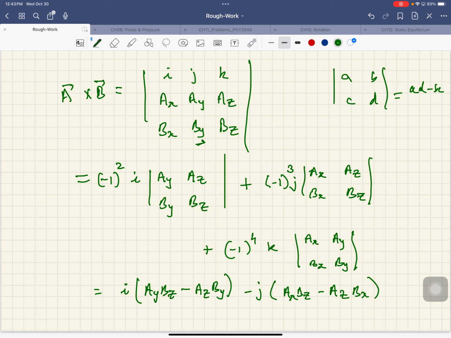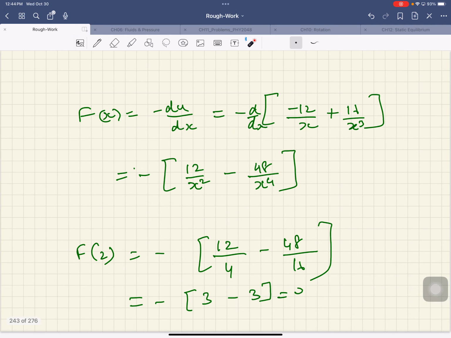And this is plus 1, K, plus k times (AX BY minus AY BX). And you can absorb the minus sign there, make that plus AZ BX. And that's what this term is.